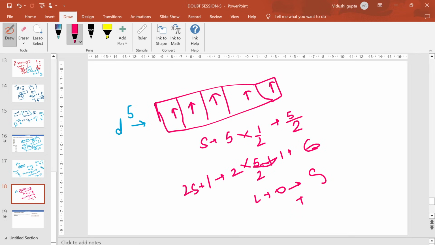It is exactly half filled, so J will be equal to S, that means 5 by 2. So it will be 6S 5 by 2.